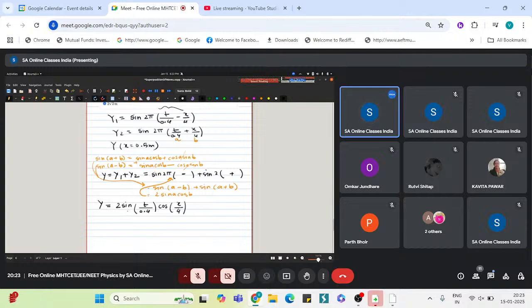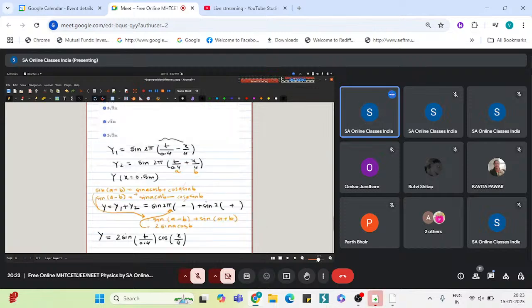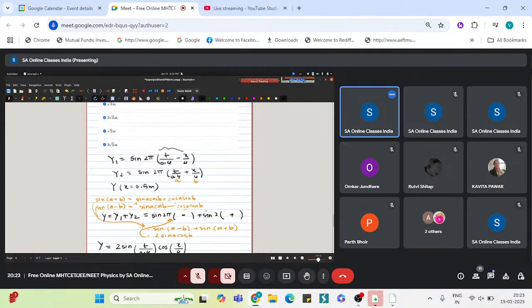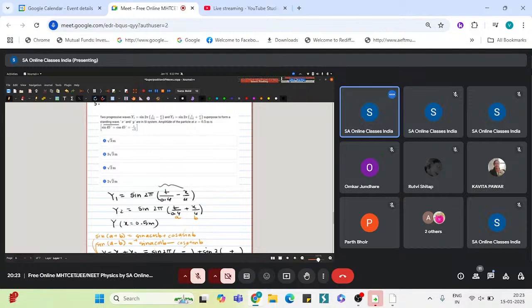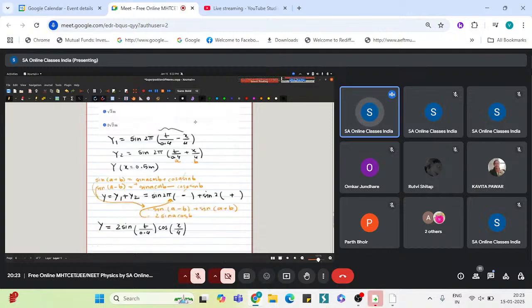And so this is essentially going to be the resultant of the two waves. And now they have asked for the amplitude of particle at x is equal to 0.5 meters.